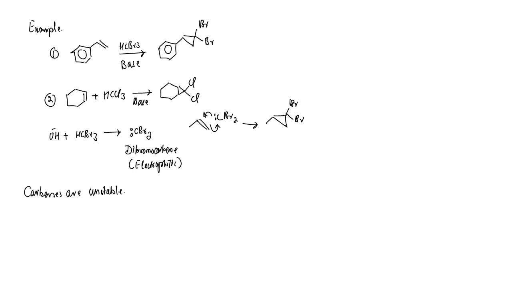For example, if we have a methylene carbene and another methylene carbene, they will react very fast and we will get an alkene, which reflects that carbenes are highly unstable species, so they cannot be isolated. Usually they are generated where they are needed, as in the above two examples where two different carbenes have been generated for reacting with a double bond.